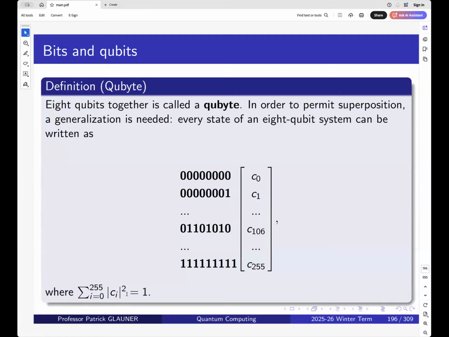Eventually, we aggregate 8 qubits. You've seen aggregation before, and here we aggregate our qubits. So eventually, we will have a state in this aggregate or composite system, and then all these c_i, their modulus squared, need to sum up to 1. We'll see this later how to build that.